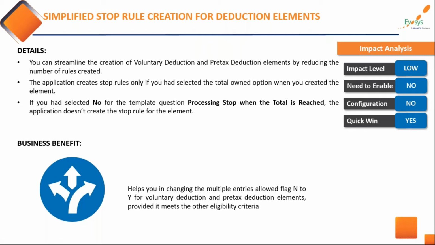But later you realized that this percentage of 401k should also come out from the supplemental check, or we say the bonus check. To make it happen, you have to go in and change that multiple entries flag to yes. If you do that, then that 401k element will be processed for both the checks. So this is how it is impacting.